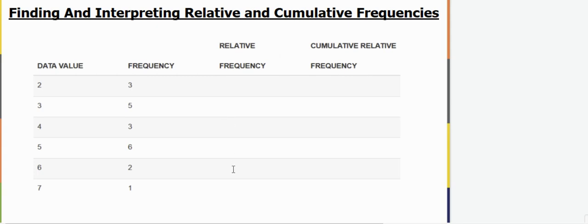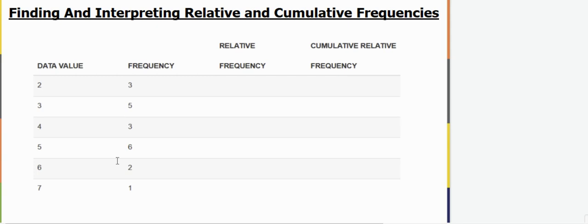The relative frequency is just a ratio of each frequency over the total number of data points. And you may already have that value from your initial table, or you may need to get that value by adding up all of the frequencies seen here. So what we're going to do is just tally up all our values. So we add up 3, 5, 3, 6, 2, and 1.